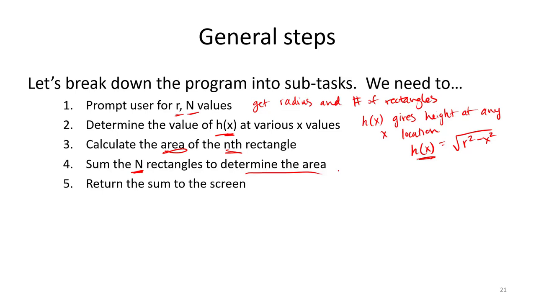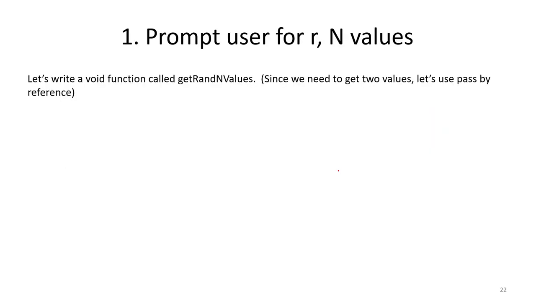So let's go ahead and try writing each of these functions in C++ and see what we get. Let's first start with a void function called getRandNValues.